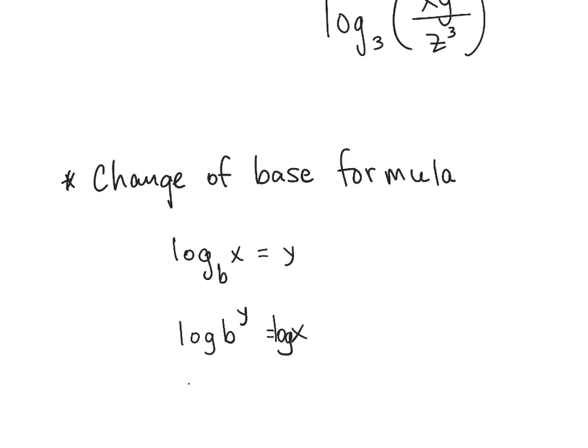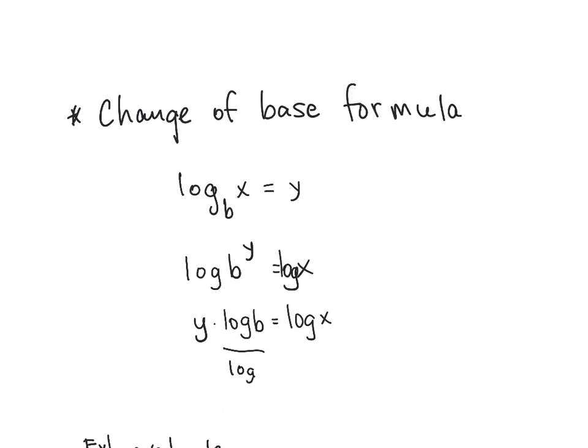So I can take that y and move it in front as a coefficient. And now I can isolate this y. Since y is multiplying log base b, I can reverse multiply using division and divide by log of b on both sides.